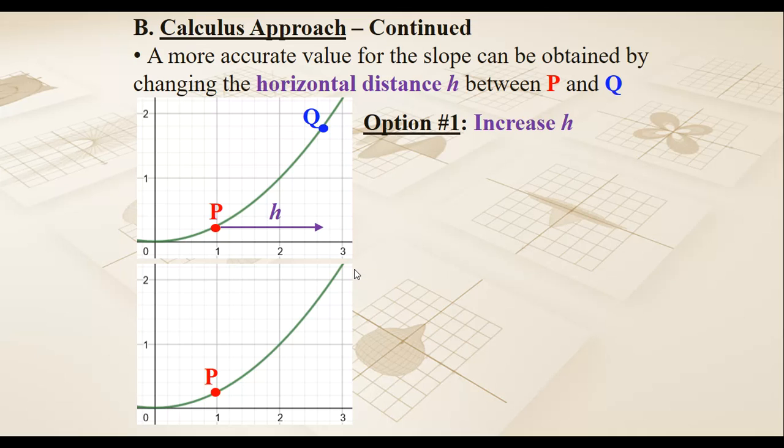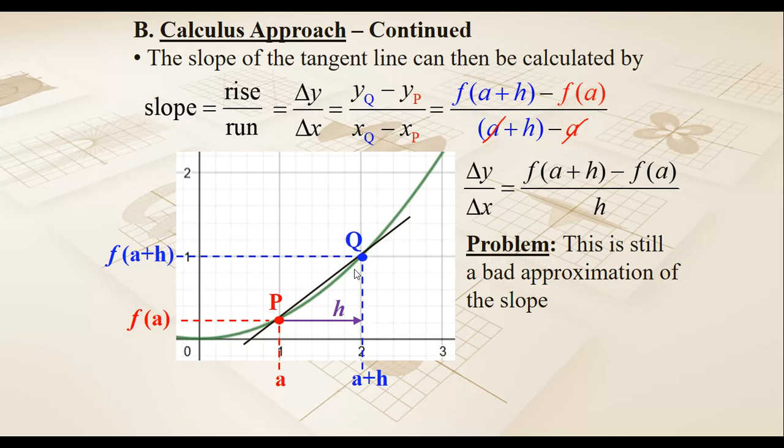So we draw that point, and then we connect the two dots with a tangent line. And how does that tangent line look? Does it look better or worse than the one in the previous slide? I think it's actually worse.